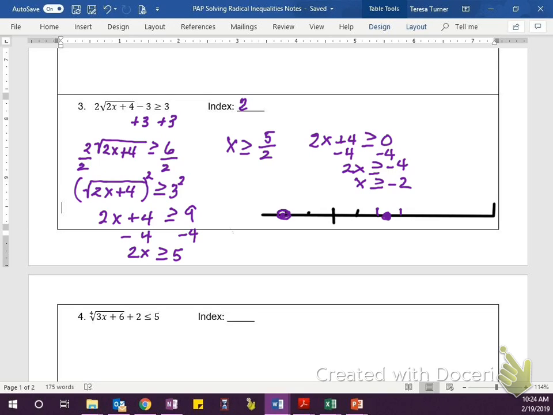Now, the way this works is you look for the overlap. So we have x greater than or equal to negative 2. Then we have x greater than or equal to 5/2.